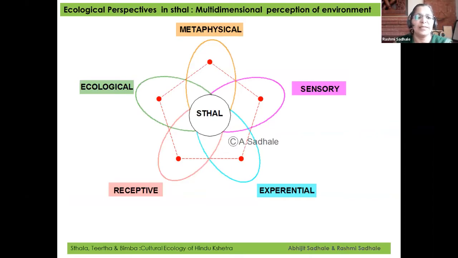Its relation with the existing environment is not only in the ecological sense, but it also has the metaphysical perspective and is in terms of receptive and experiential senses, and equally important is the sensory aspect. So in all, it is the holistic way of experiencing the Sthala in a Hindu way.